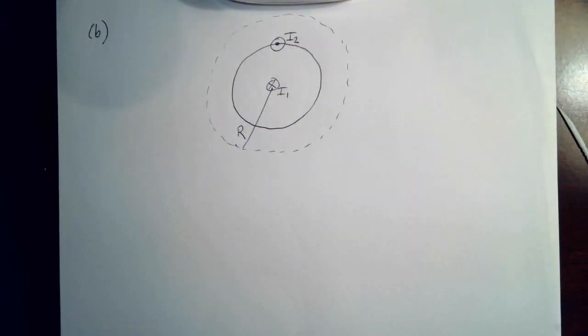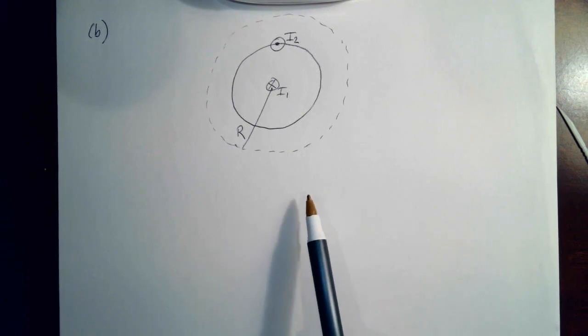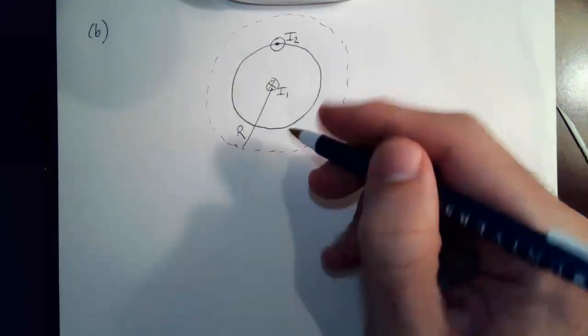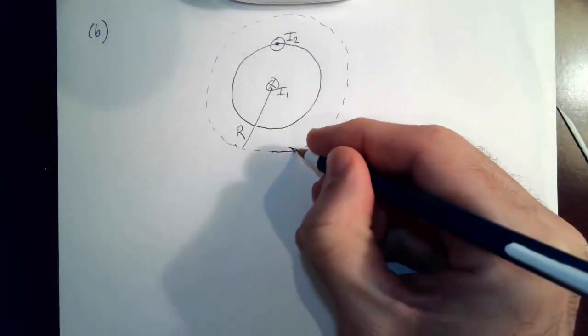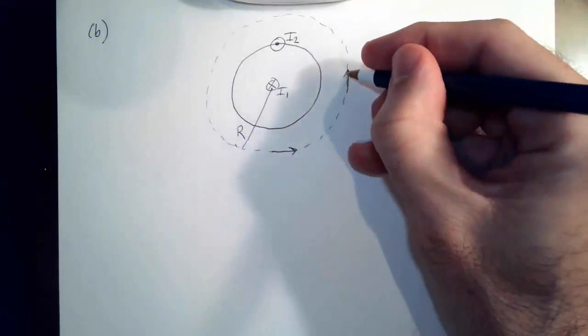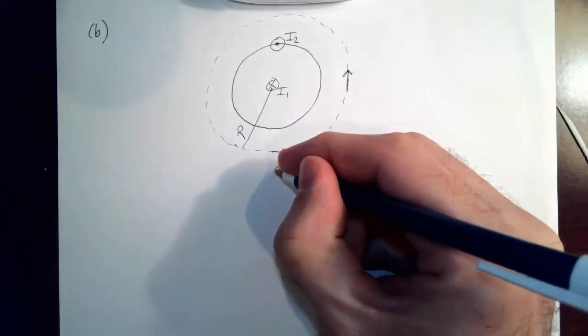Okay, now which of these currents is positive and which is negative? If you haven't watched my Ampere's law video, please go back and watch it, where I talk about this in more detail. But the convention is, first of all, we're going to follow this path in a counterclockwise direction. That's not necessarily the direction of the magnetic field, but that's the direction we're walking this path.